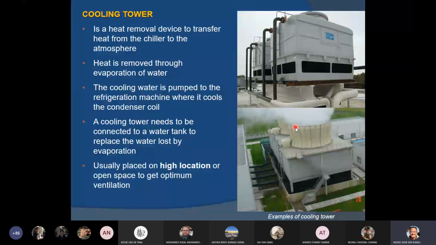You cannot simply put the cooling tower on the ground, so you put it on the rooftop. But if you have ample space on the ground, by all means put the cooling tower next to the plant room. I believe the one on the left here is the plant room itself, the refrigeration plant, so you can minimize the length of this pipe.